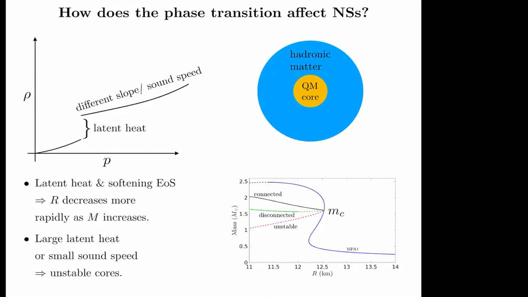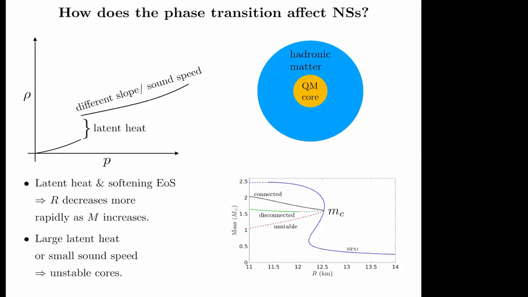And I should say also that, depending upon the details of your equation of state, you can have disconnected MR curves as well, where for this green curve here, there's a dashed region where the neutron stars are unstable. So there's a gap in the allowed radii.